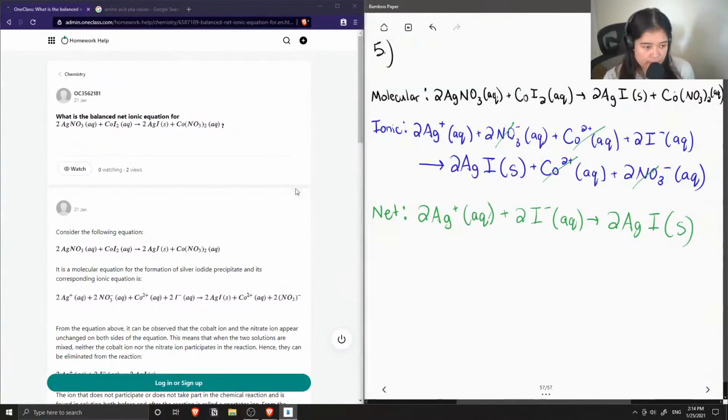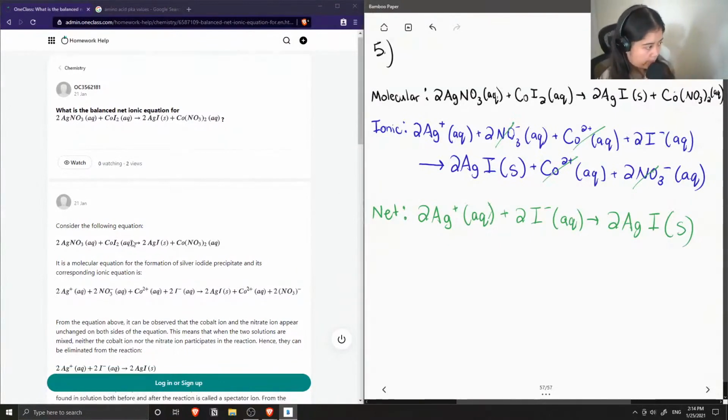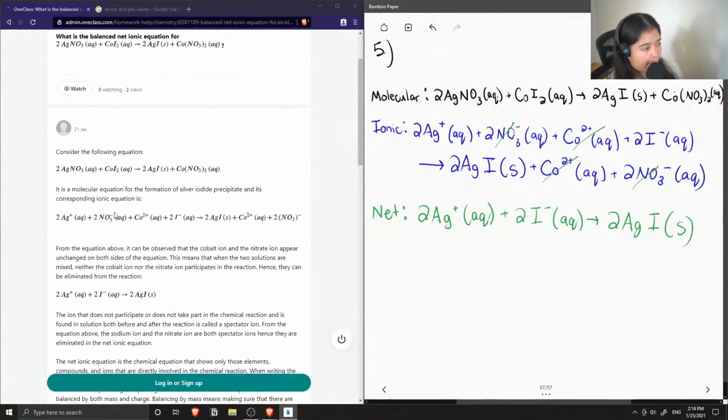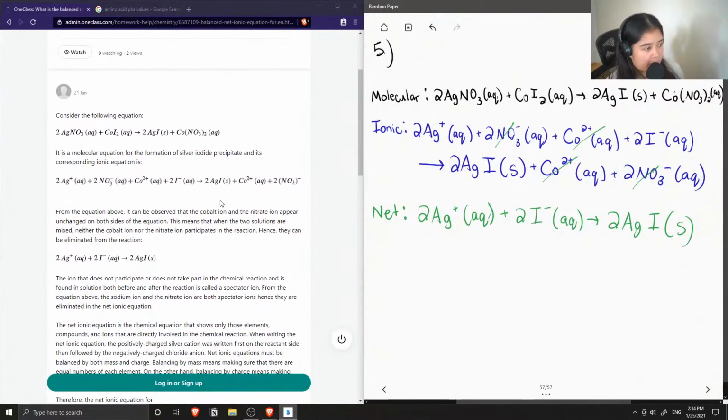Okay, so now let's see what the junior tutor said. Consider the following equation. It is a molecular equation for the formation of silver iodide precipitate, and its corresponding ionic equation is the following. So they wrote out all of the ions with the exception of the precipitate.